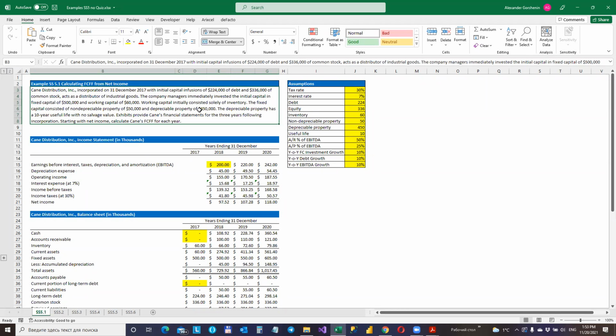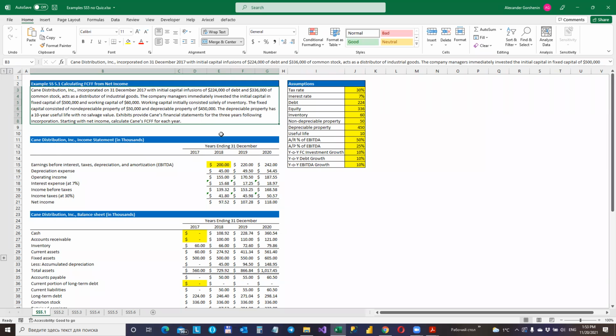Working capital initially consisted solely of inventory, so they purchased something to distribute. The fixed capital consisted of non-depreciable property of 50,100 and depreciable property of 450,000. The depreciable property has a 10-year useful life and no salvage value.